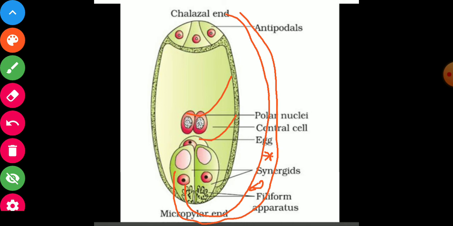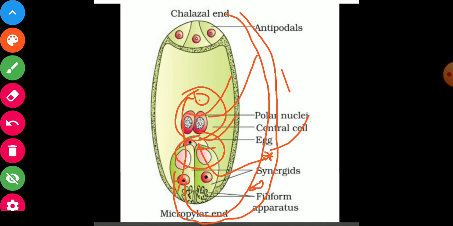So when they go here, one male gamete fuses with the polar nuclei and one gamete fuses with the egg cell. So this is fertilization. Their fusion takes place at two places, one with the egg cell and one with the polar nuclei. That's why it is called double fertilization. So this is a very important event in the angiosperms, double fertilization.